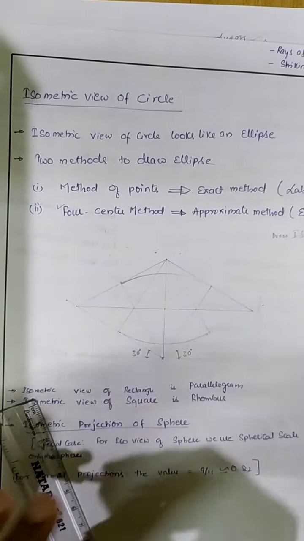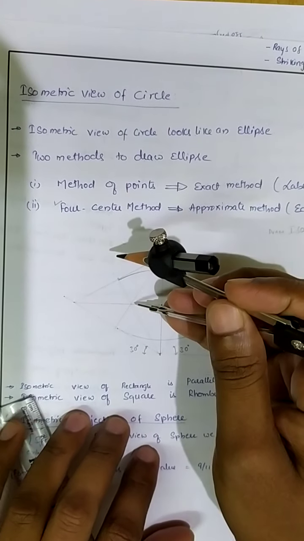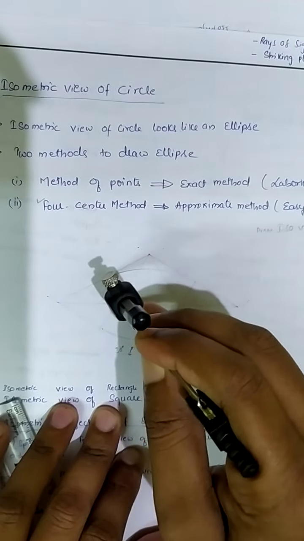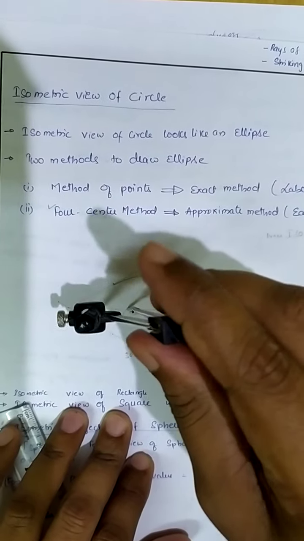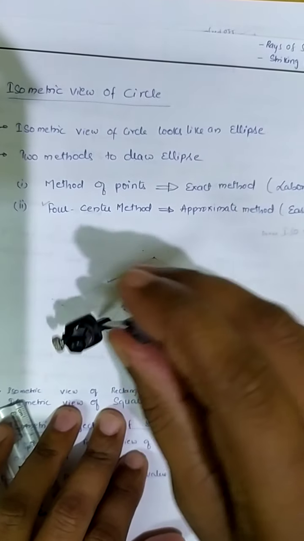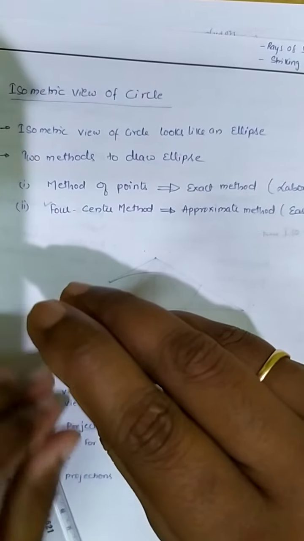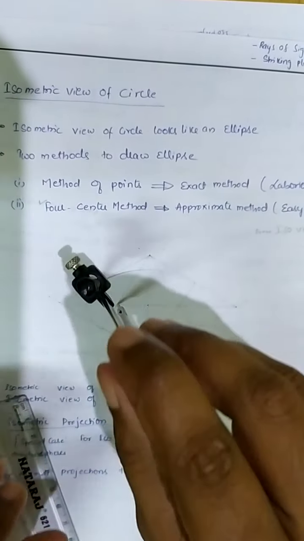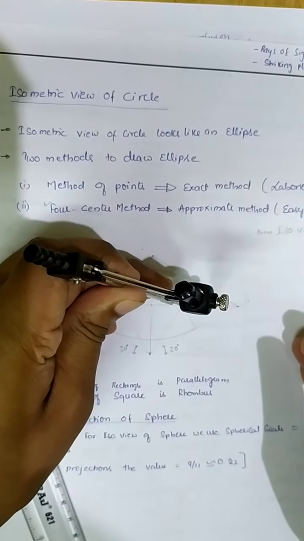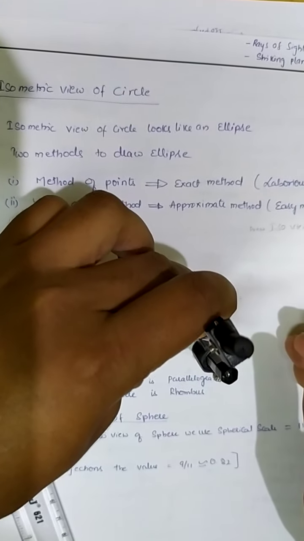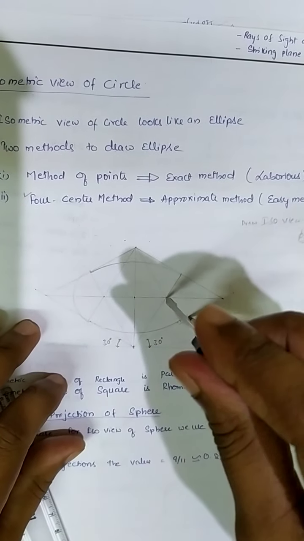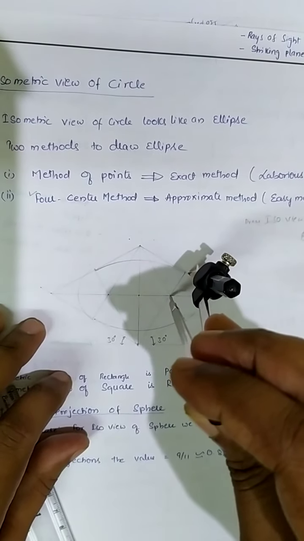Okay, so now you place the needle leg of your compass at this intersection of the two lines, and you take the dimension to this midpoint and you cut an arc. These are the minor arcs of the ellipse. So in the same way, with the same dimension, you place your compass and you cut the another arc.